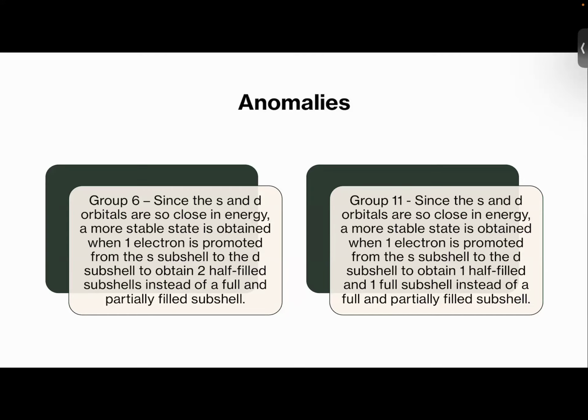In other words, if I can get a half-filled or a full shell by promoting one electron, that's going to be better than a partial. And that's exactly what occurs: we wind up promoting an electron.